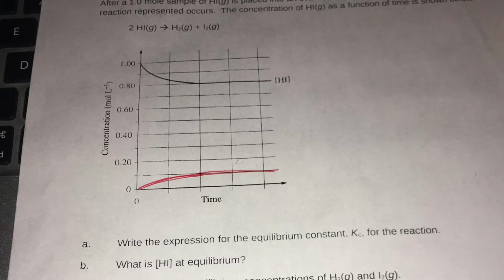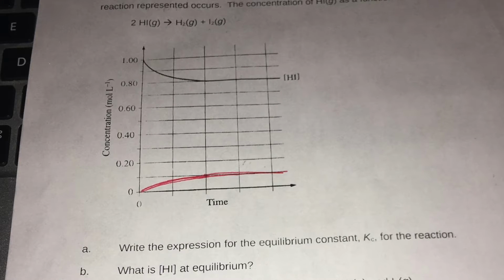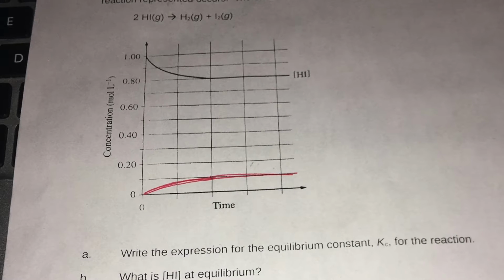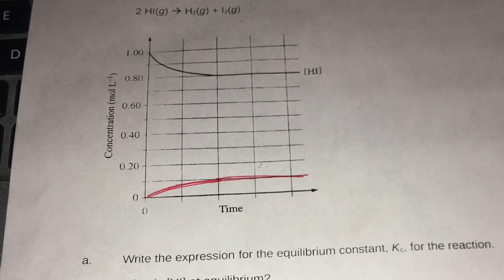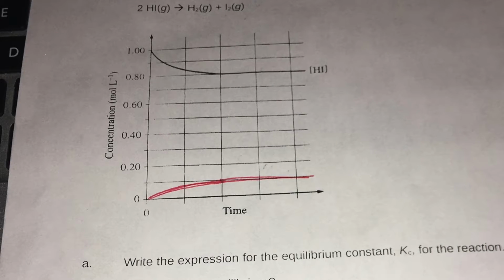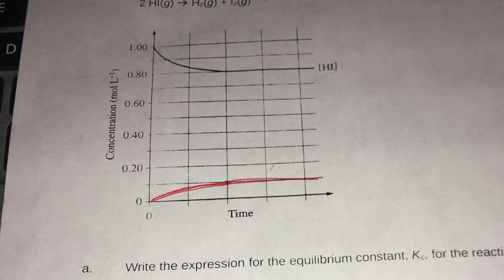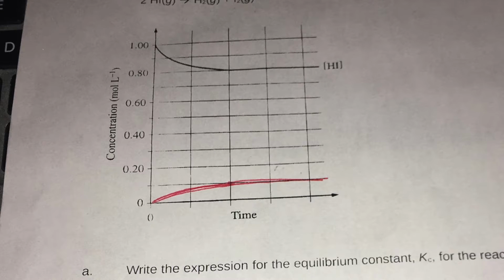The line will curve starting from 0 because at the start of the reaction, no products have been formed. The line curves up and remains constant at 0.1, which means once it reaches 0.1, it does not go above or below that line. Hydrogen gas reaches this point of equilibrium at the same time HI gas does, so at the second dash mark on the x-axis.